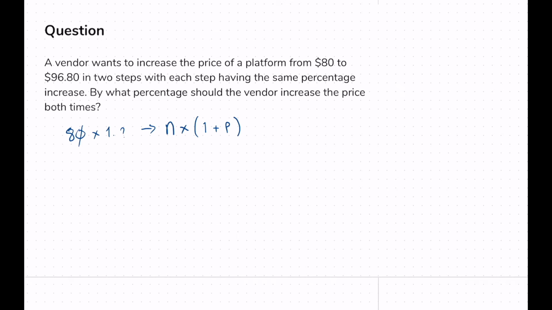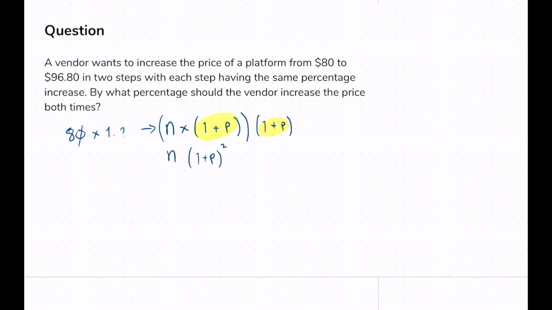Okay, so we're doing this as 2 steps though. So I'm going to do this whole thing, and I'm going to times it once more by 1 plus the percentage. And you'll see I've got this in here twice. I'm timesing n, the beginning number, by 1 plus p twice.